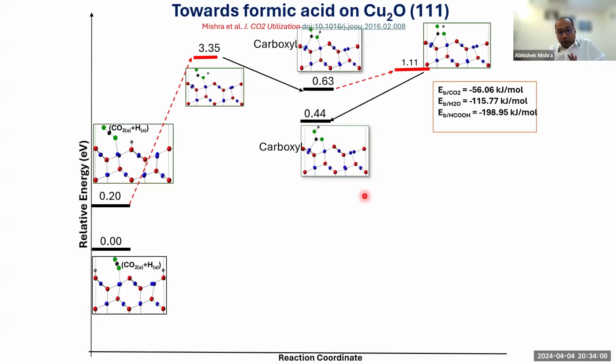So this is really compute-extensive calculation, but in a few seconds I will be convincing you that these are really powerful tools in catalytic science. If you look at the transition pathways, finally we found the carboxylic acid can be formed.